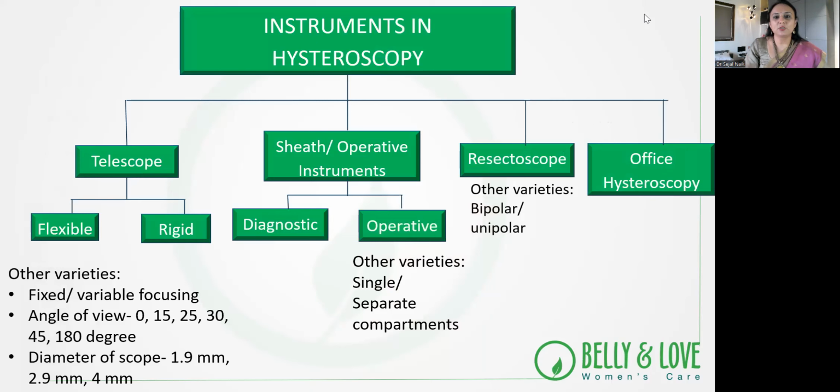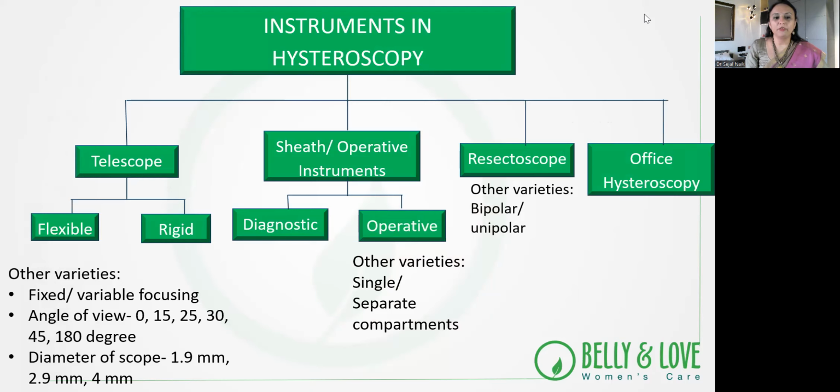The basic instruments for hysteroscopy consist of the telescope, sheath or the operative instruments, the resectoscope, and the office hysteroscopy. The telescope can be flexible or rigid, with a different variety like fixed or variable focusing.